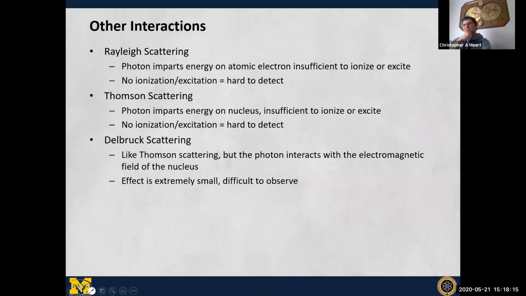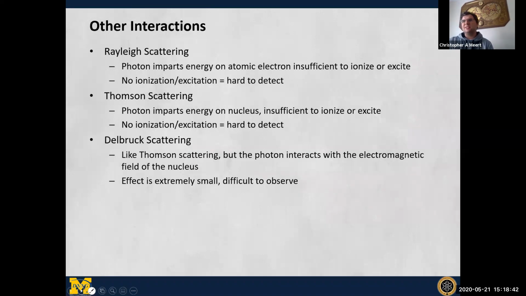I had listed these other interactions that were minor compared to the main 3: Rayleigh scattering, Thomson scattering, and Delbruck scattering. In the case of Rayleigh scattering, just briefly, it's a photon imparting energy on an atomic electron, but it is insufficient to ionize or excite. And this is the crux here: if that event does occur within one of our detectors, and there's no ionization, no excitation, it's difficult for us to detect that event.